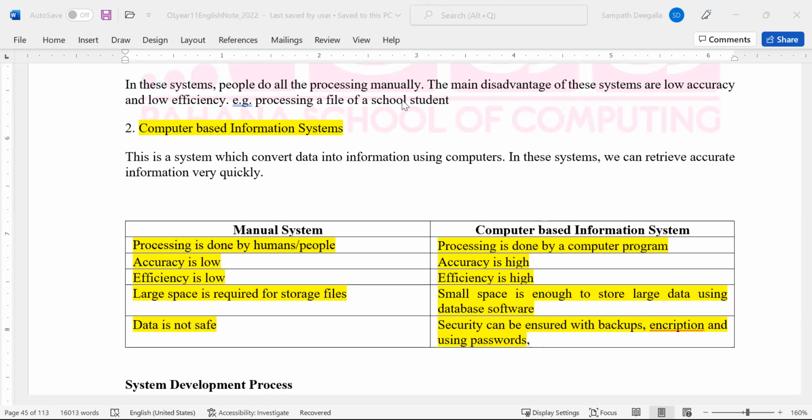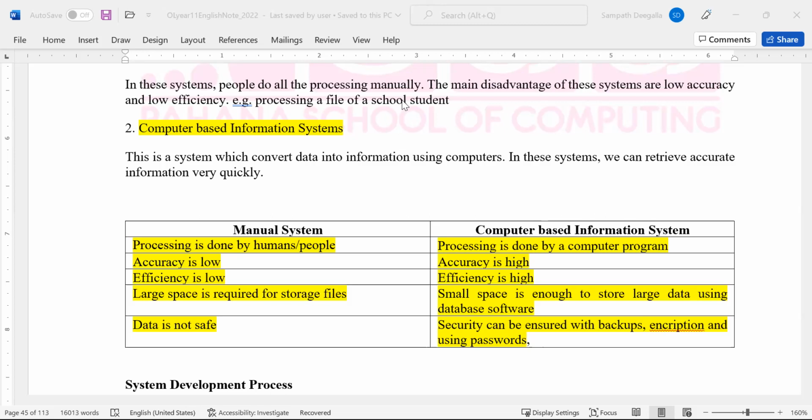In manual systems, another problem would be the data is not safe. Sometimes animals can harm these files, right? Even humans can harm them, right? Someone can steal information, right? So data is usually, we say, not safe when it comes to manual systems.